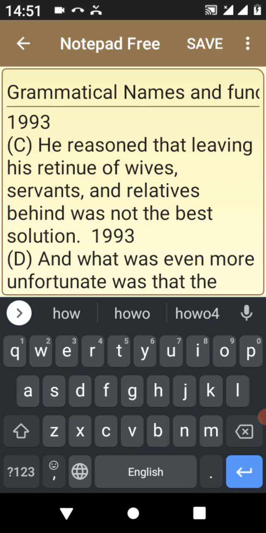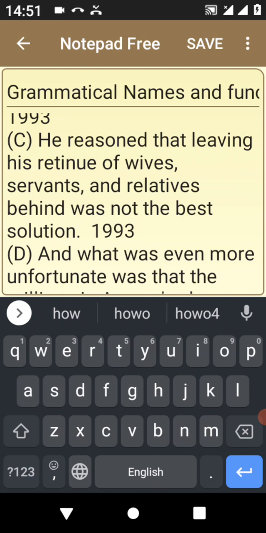So what did he reason? Leaving his retinue of wives is a noun phrase. Remember that leaving is a gerund there, so that's not the final verb. There is no final verb there, so was is the verb: was not the best solution. So he reasoned something.